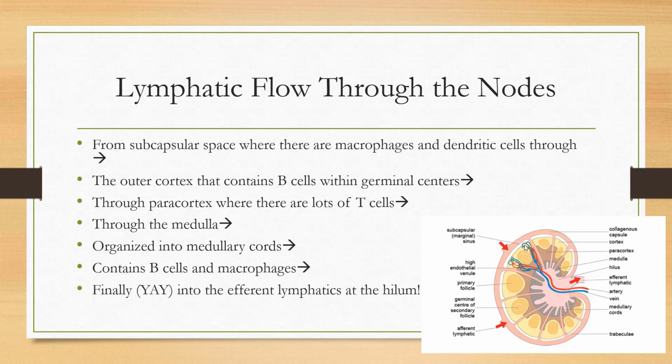This is under the collagen capsule and under the subcapsular space, which is this white area right here. We've also got an inner medulla. Here's our medulla in gray, and then we've got the paracortex, which is between the two.